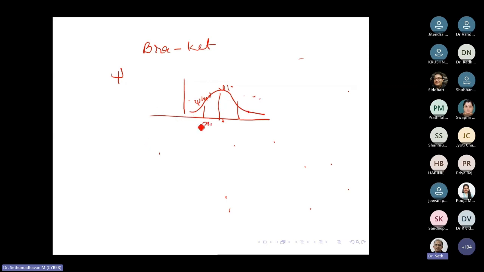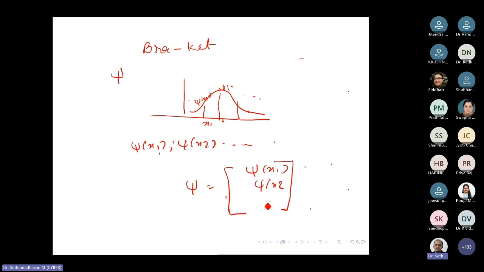So this particular one-dimensional wave function describes a quantum mechanical particle, and the values are psi x1, psi x2, etc., where psi x1 and all are the function values at the points x1, x2, etc. I can represent the whole function psi as a column vector, psi x1, psi x2, etc.